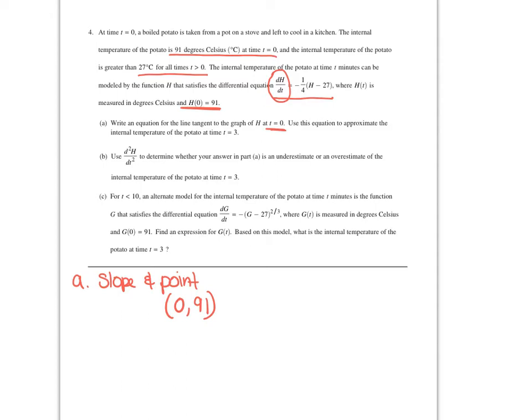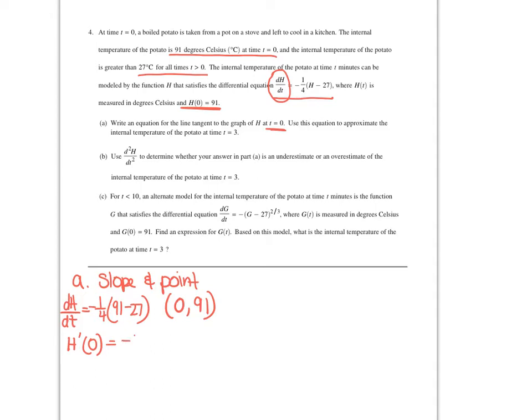So to find our slope, we're going to evaluate the rate of change of the temperature with respect to time, and h is 91. So this will give us our slope at time equals 0. When we plug in 91, we subtract and multiply by negative 1/4.